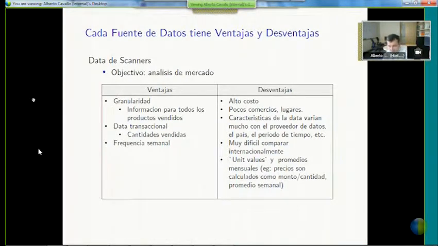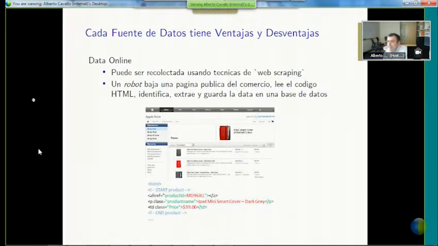So the unit value generates biases in the measurement of inflation, because it's not always accurate. Those who have tried to measure this have problems with what we call something like chain drift. So this makes calculating inflation difficult.